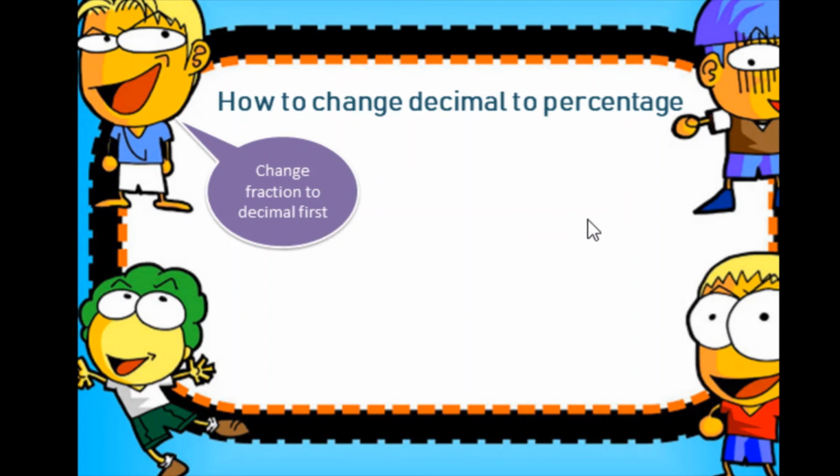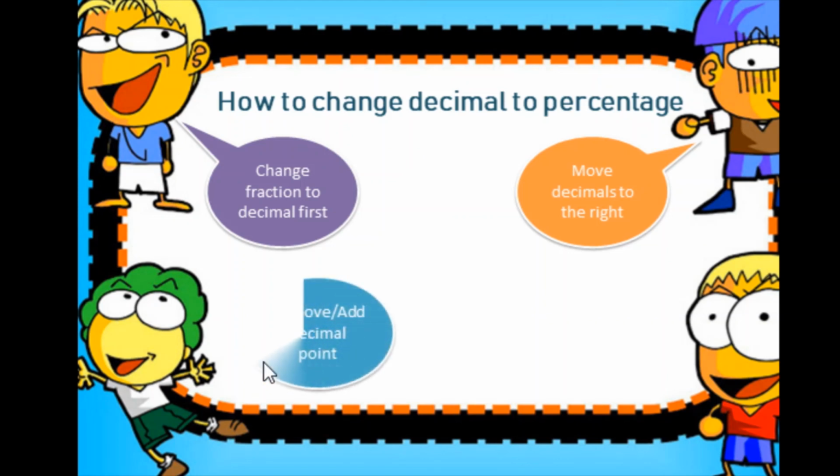Good job. Next, 2. Move decimals to the right. Remember, 100% has 2 zeros, so we move 2 decimal places to the right. Okay, let's move on. Number 3. Remove or add decimal point.